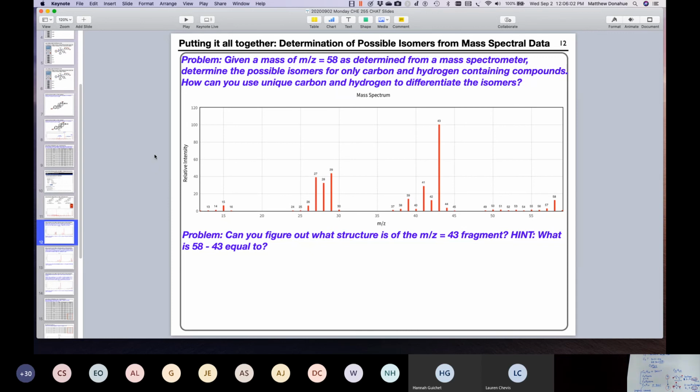Carly's asking, the ratio thing for unique hydrogens always has me confused. So let me flip this over and go through that again so we can all be on the same page.